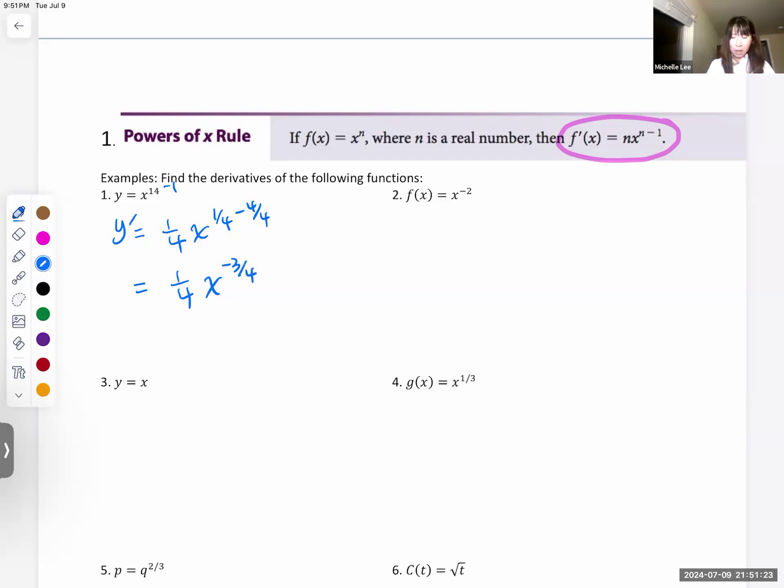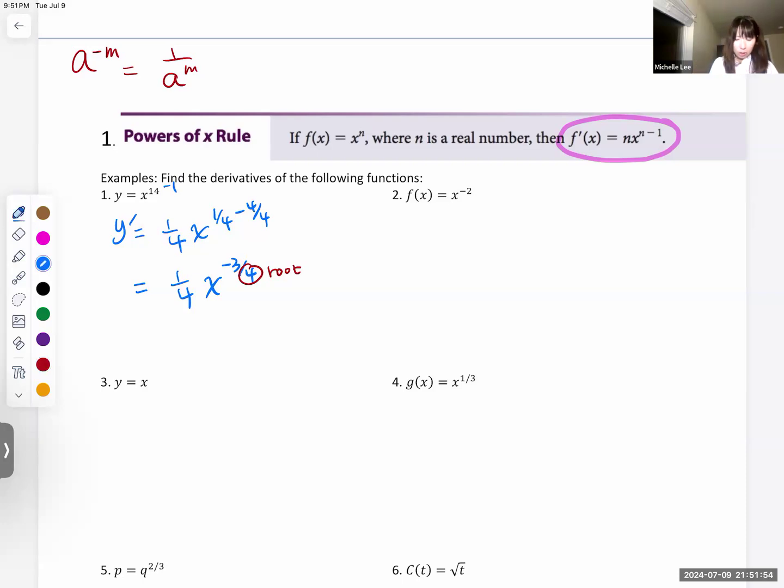Okay, now we have to think about this. We had a to the negative m, which we did last time, right? That will be 1/a to the m, right? But then we have the root. This is a root, and the numerator will be the power.